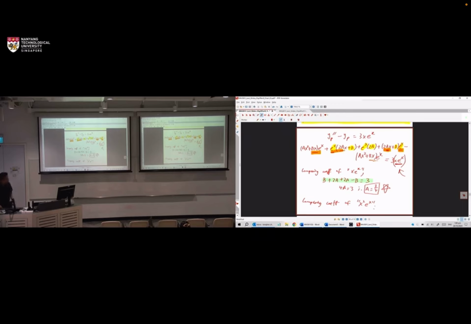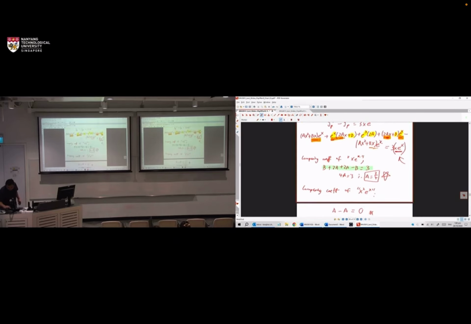Right, and then I solve. The B and the B cancel off, so I got 4A equal to 3. And then next I have other terms not used, which is x squared e^x.